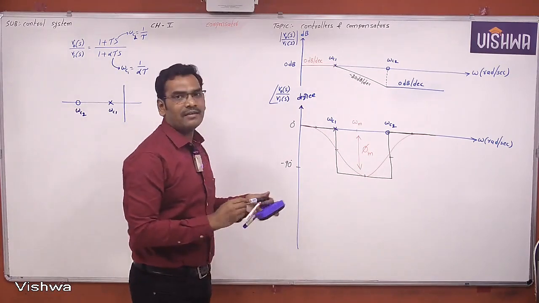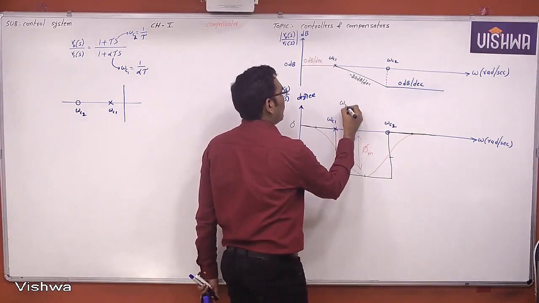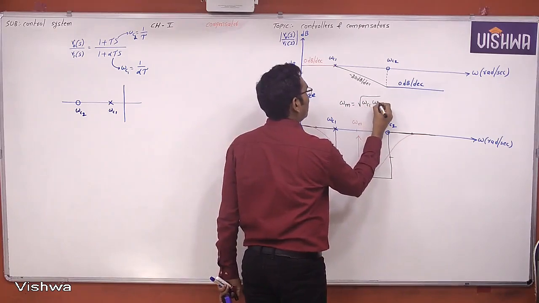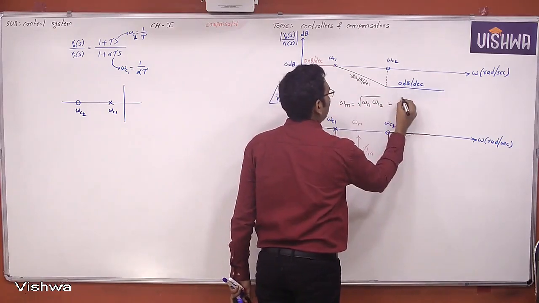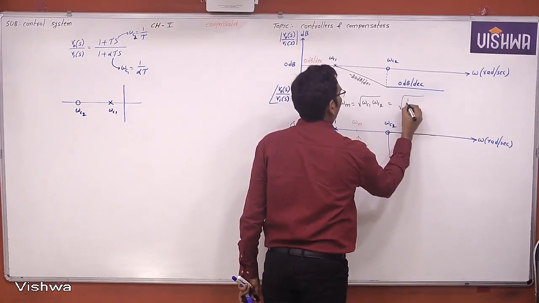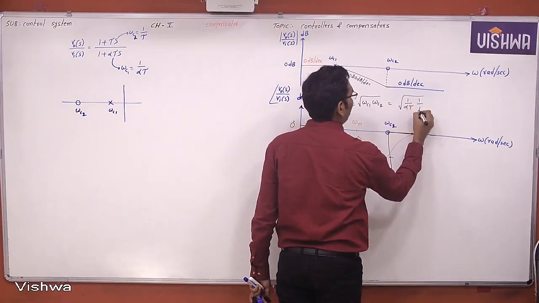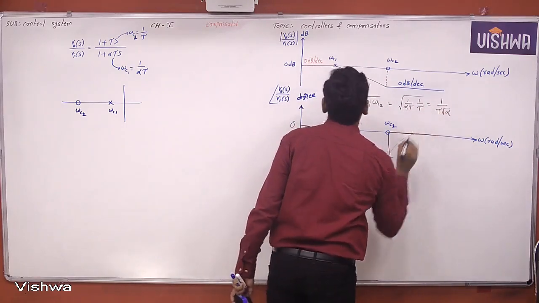I am already giving one shortcut method for that. Omega m is the geometric mean of the two corner frequencies, omega C1 and omega C2. Omega C1 is 1 by alpha tau and omega C2 is 1 by tau, so omega m is 1 by tau root alpha.